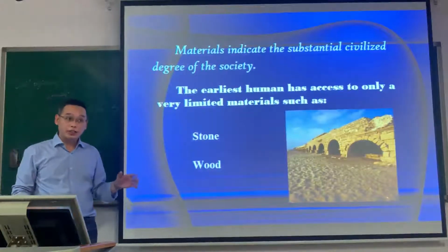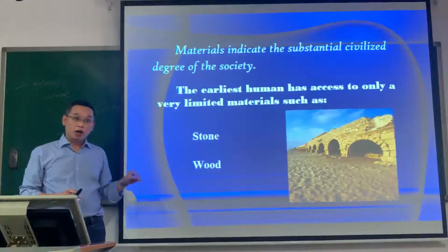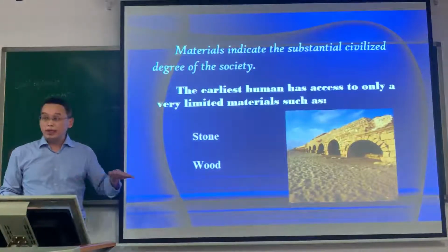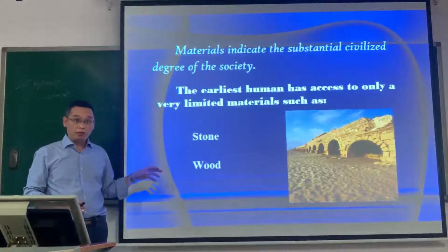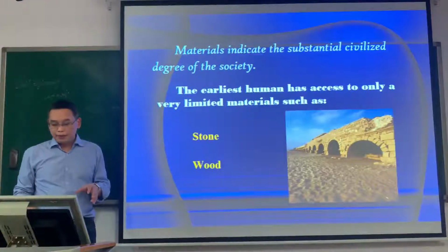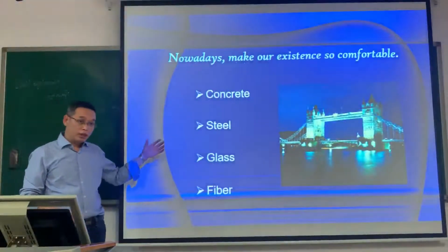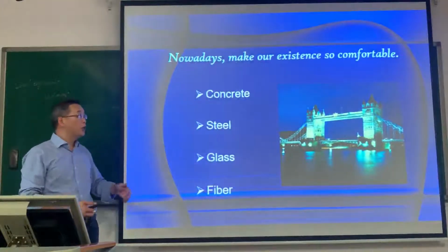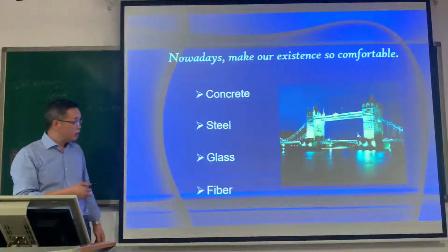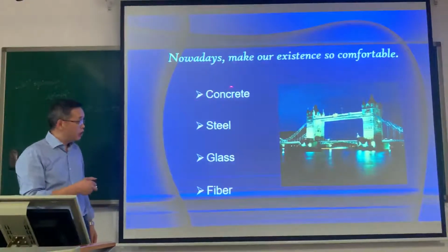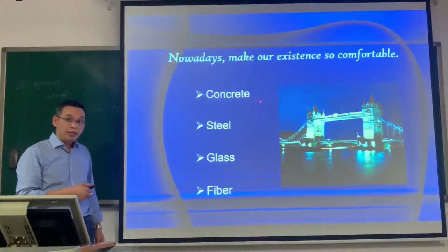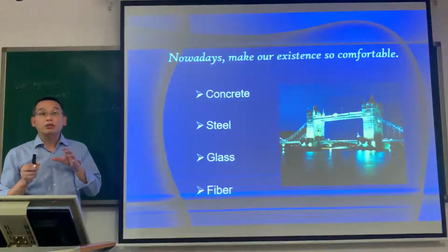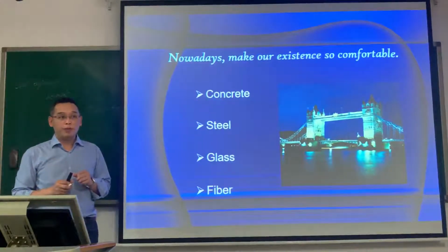So in ancient times, if we wanted to build a house or construct a road, we needed to use this kind of natural material. And then we can use modern materials now, including the concrete and the steel. The history of the concrete and the steel is all about 200 years.